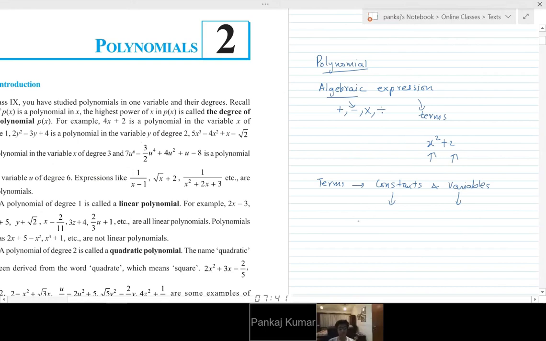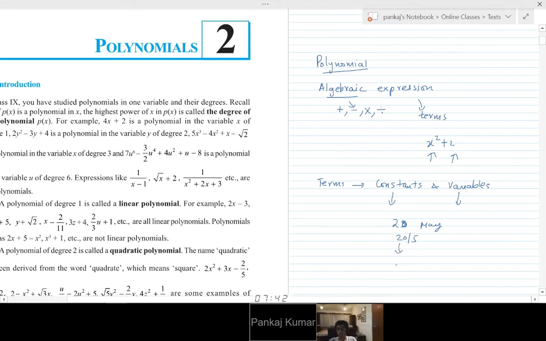I would like to add, suppose today is 20th May, 2025. What will change for the next 10 days and what will remain constant? What will vary? What will remain constant? The date will vary, not the month.